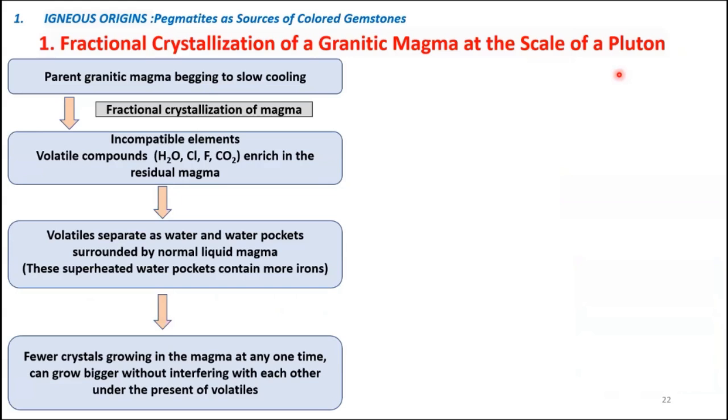So what is the reason for that? Why are these rare, unusual minerals or mineralogy available with this pegmatite, including gems? There are different mechanisms, different hypotheses that people invented in history to explain the formation of these granitic pegmatites.